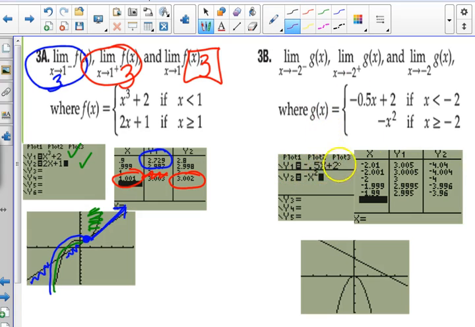This one, y1 is the line. So this is negative 0.5x plus 2, and y2 is the parabola. Now, what do you notice? The rule says to the left of negative 2. What is this doing to the left of negative 2? It's going down. What is it doing to the right of negative 2?